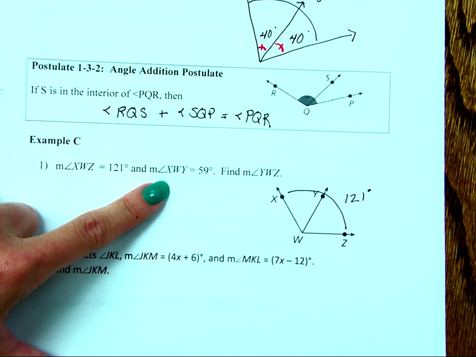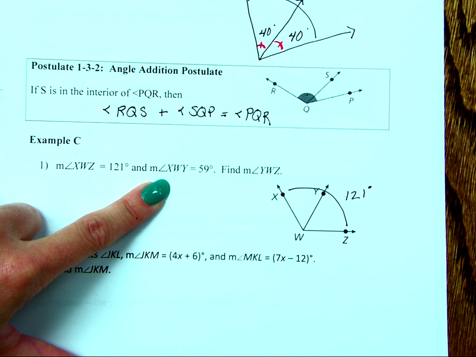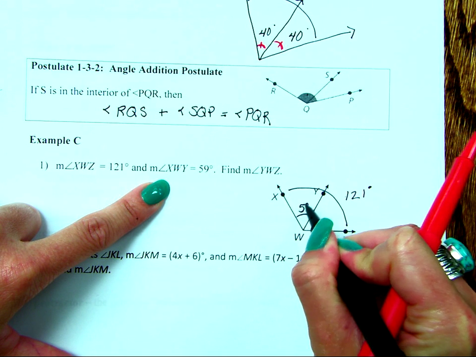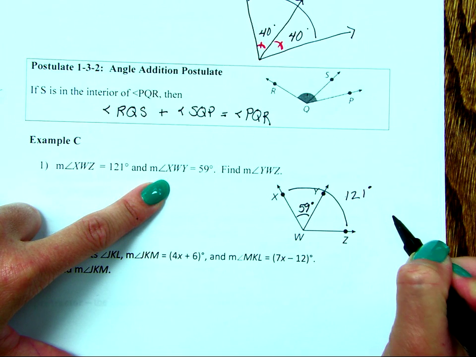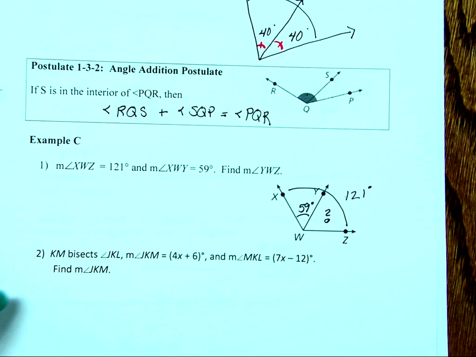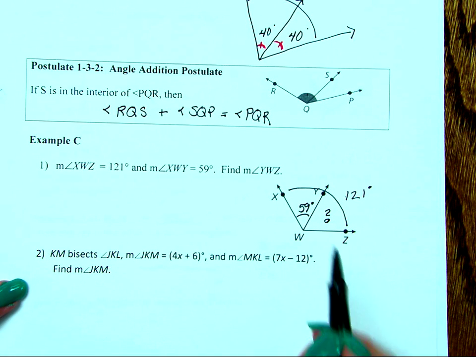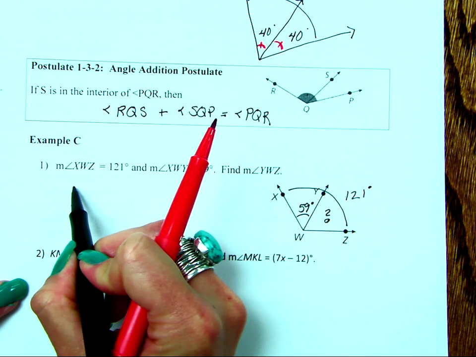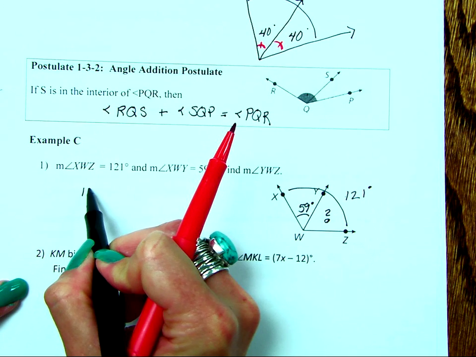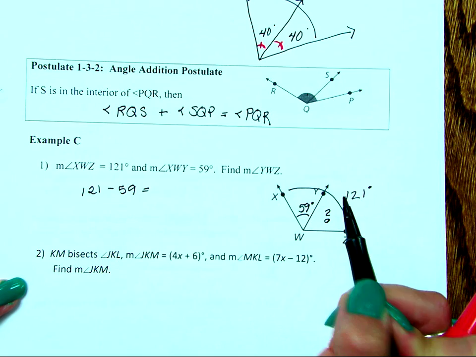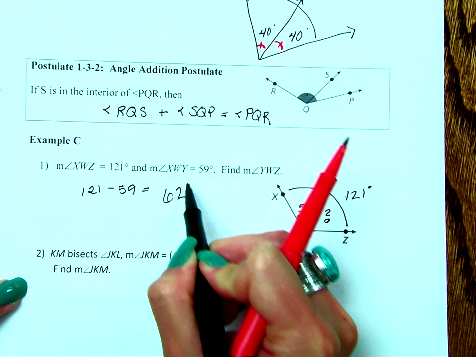The measure of angle XWY is 59 degrees. Can we find YWZ? Sure. By angle addition, one part plus the other should equal the whole. So let's take 121, subtract off that 59, and we would find that our angle would measure 62 degrees.